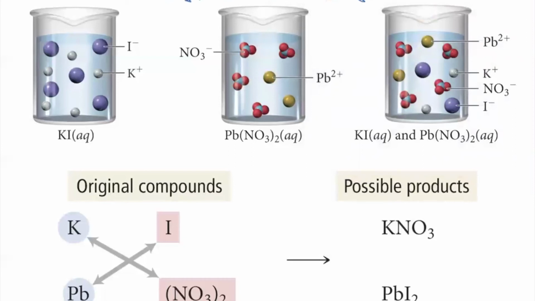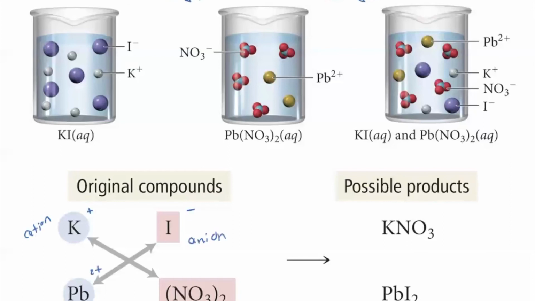The way you predict the products is by separating them into ions. The potassium carries a plus charge, the iodide carries a negative charge. The second reactant, you separate into lead, which carries a 2 plus, and nitrate. So you mix the cation of the first reactant with the anion of the second reactant, and the cation of the second reactant with the anion of the first reactant.